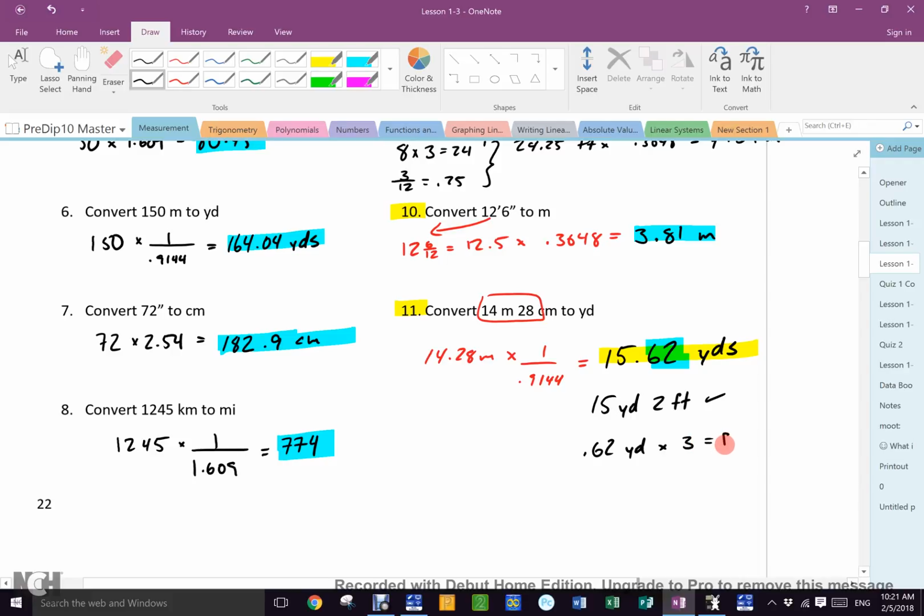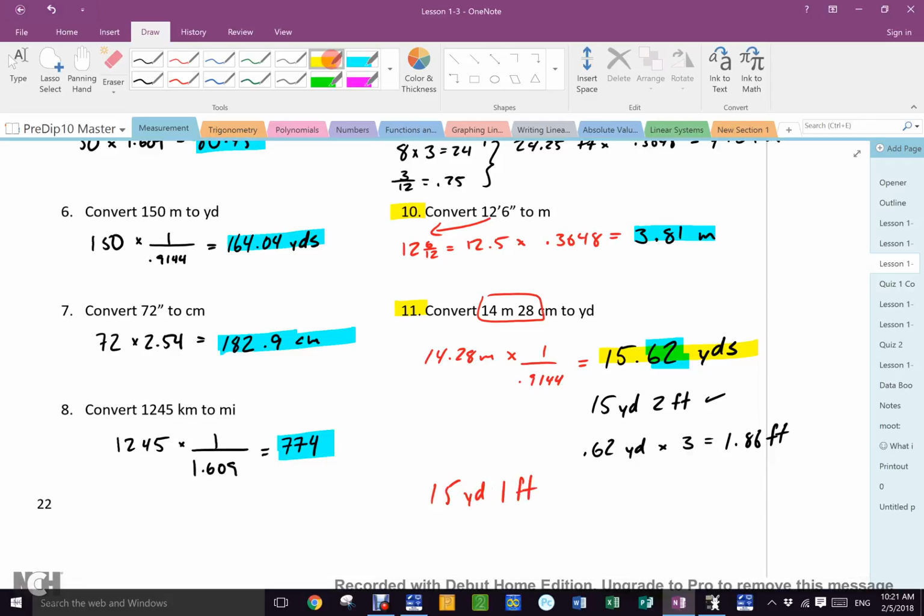And that would get me feet, which, if you get your calculator, can somebody please do 0.62 times 3? 1.86. That's 1.86 feet, yes?